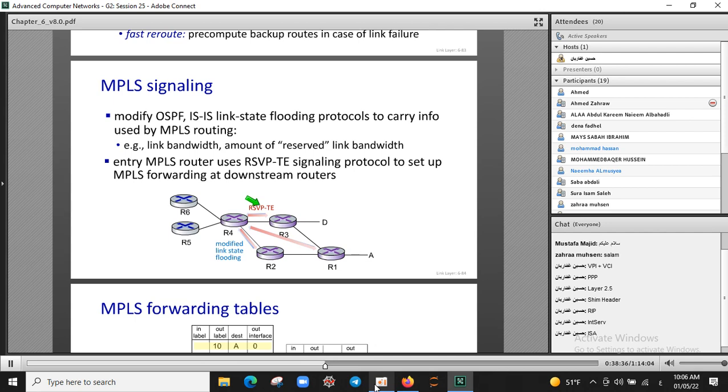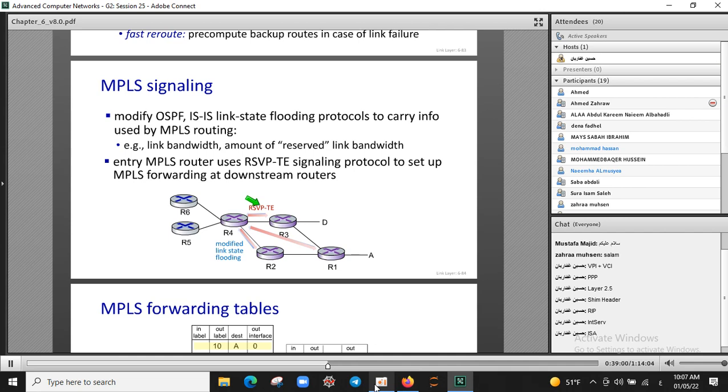In ISA or IntServ, we are looking to support quality of service for each of the flows in the internet. But we have millions of flows in the internet, so routers cannot support this structure.